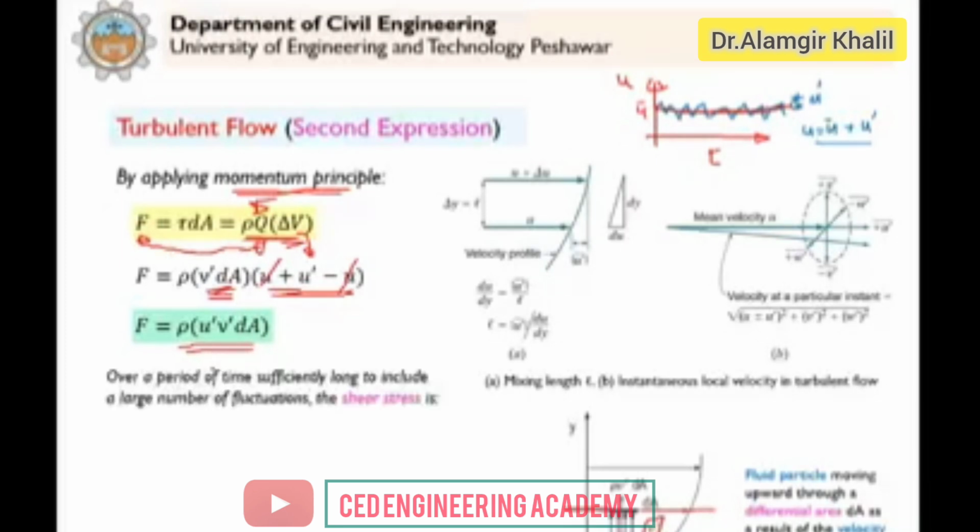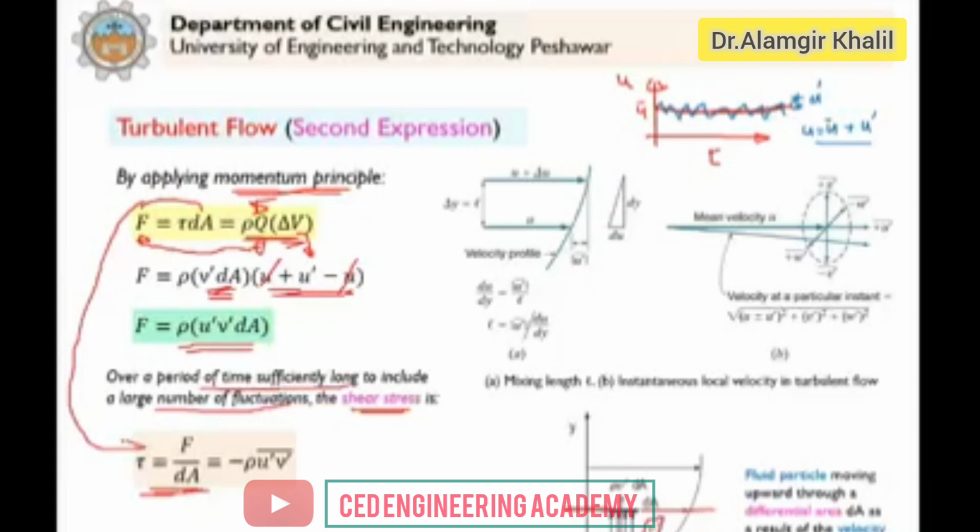Now if we consider this over a period of time that is sufficiently long to include a large number of fluctuations, then the shear stress will be equal to F by dA. When you divide this by dA, we want to calculate the shear stress, and this will be equal to minus rho into u dash v dash bar, because we are averaging the condition.